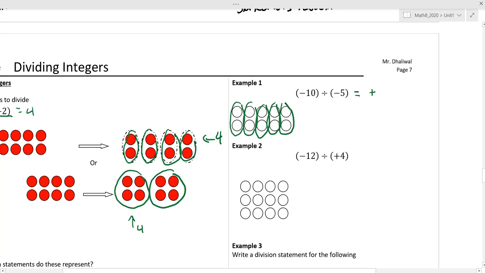And how many are in each group? 2. So the answer is positive 2, all right? Or, my mind always thinks reverse multiplication. I go, what's 5 times what equals 10? That's the way I like to think.